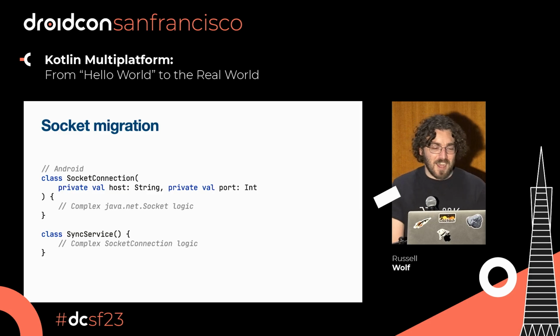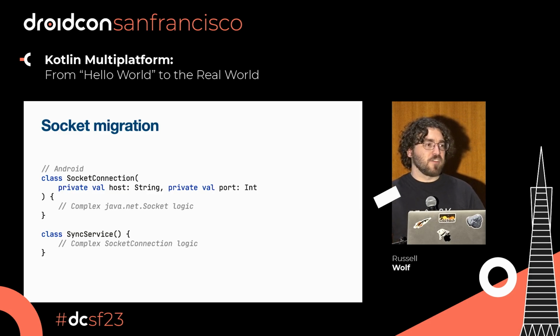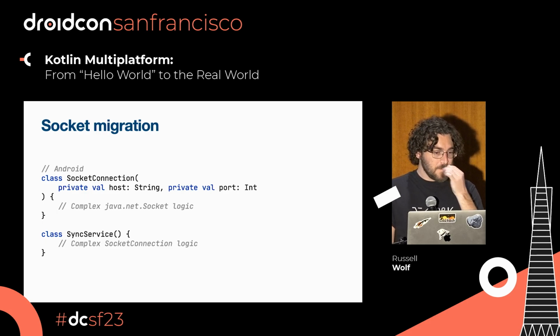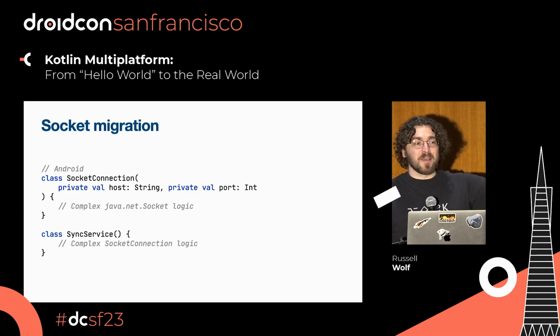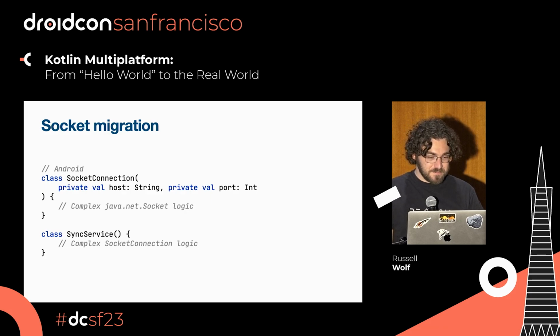We didn't want to heavily refactor that and risk breaking anything in the Android app, which was already deployed widely. And there was all this complicated business layer logic on top of it doing the sync operations, and that we had already moved to mostly common code at that point.